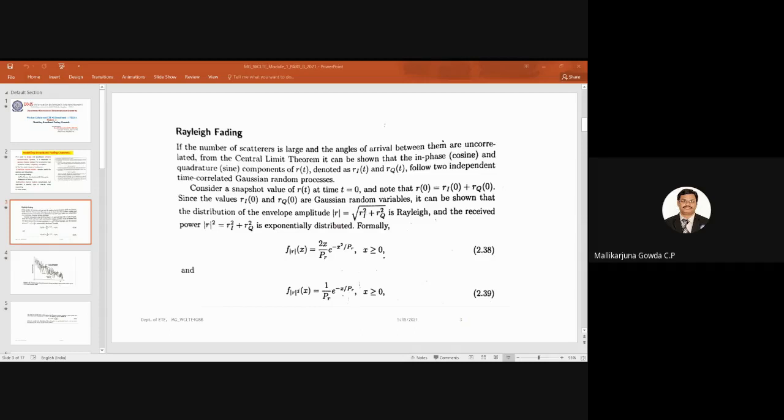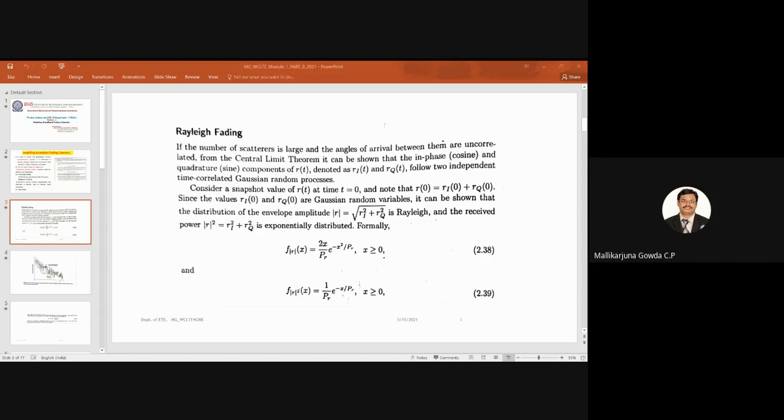This is the Rayleigh distribution. So the amplitude is Rayleigh distributed, and the second equation is for the power: f of R mod square of x is equal to 1 by Pr into e power minus x by Pr, which is exponentially distributed. So power is exponentially distributed, amplitude is Rayleigh distributed. Hope you are aware of these distributions.